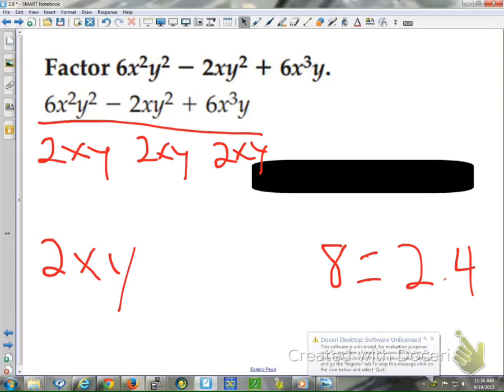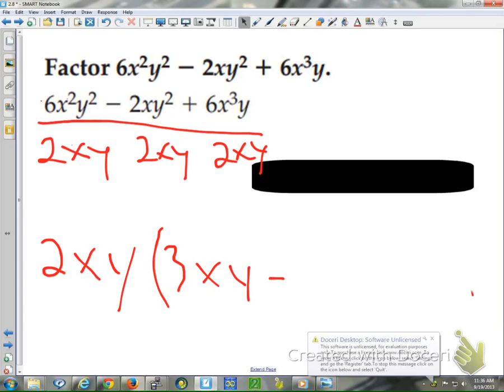What's 6 divided by 2? 3. Now this is going to go in parentheses because we're multiplying. So, 6 divided by 2 is 3. What is x squared divided by x? X. What's y squared divided by y? Y. Minus. What's 2 divided by 2? 1. Very good.